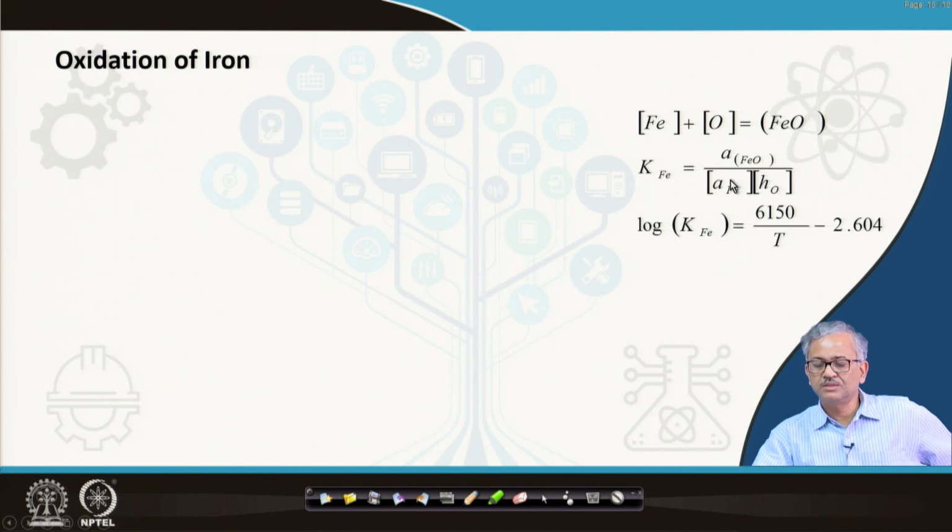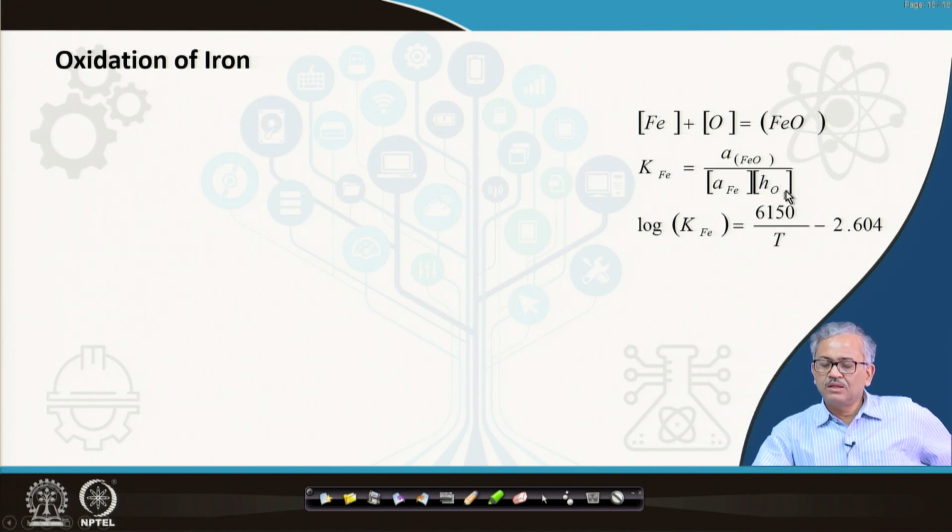But we have represented the activity of dissolved oxygen with respect to the Henrian scale. That is the h_O, the activity of dissolved oxygen on the Henrian scale, which we have written here for convenience. Then the activity value will be between 0 and 1 or of the order of 1. It is very convenient. Okay.